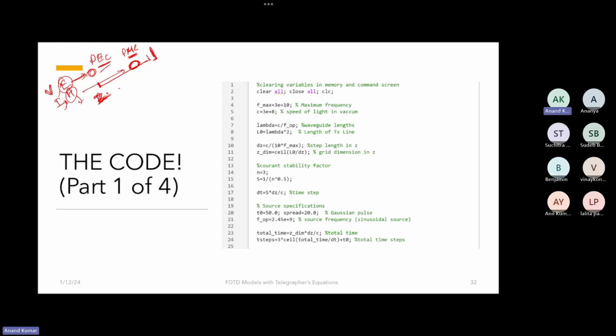Okay, so up till now we have discretized the voltage and current equations inside the simulation space. We have seen how to implement source excitation at one boundary and use a load resistance on the other boundary. So we'll start with the code, and before we encounter the update equations, we'll first need to set the simulation space.